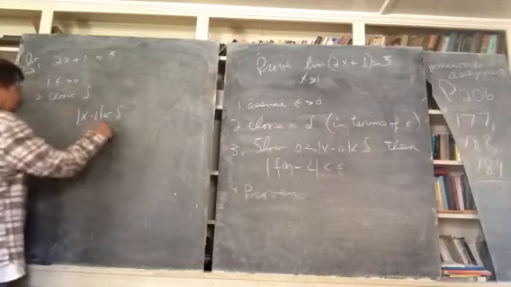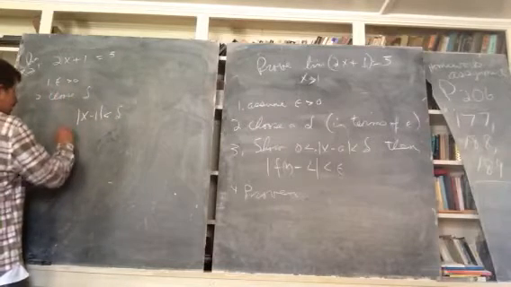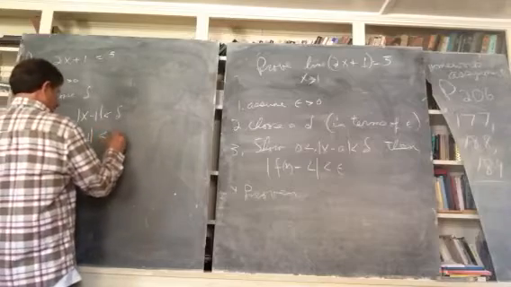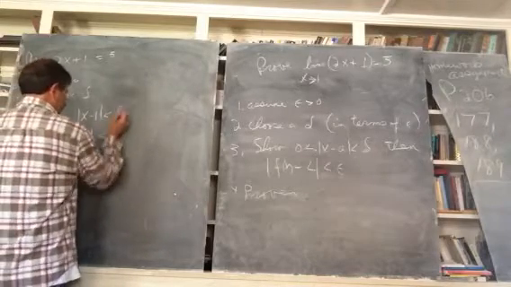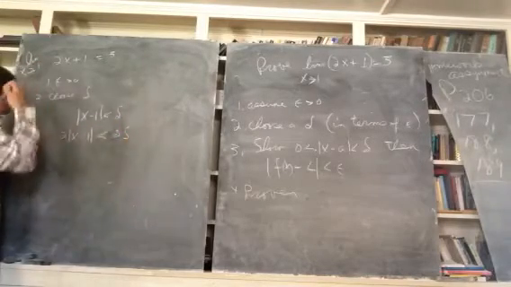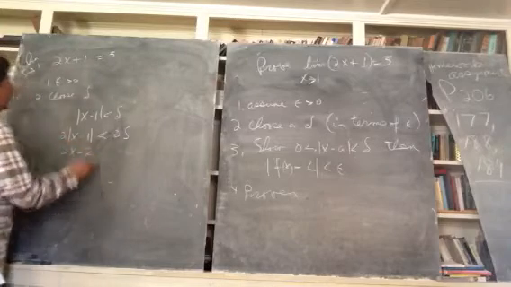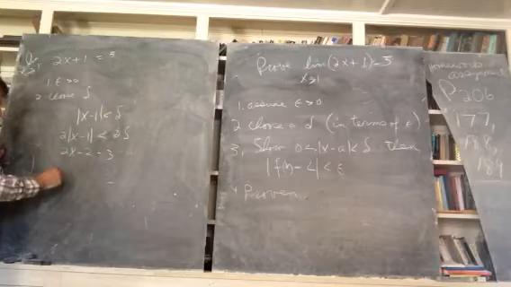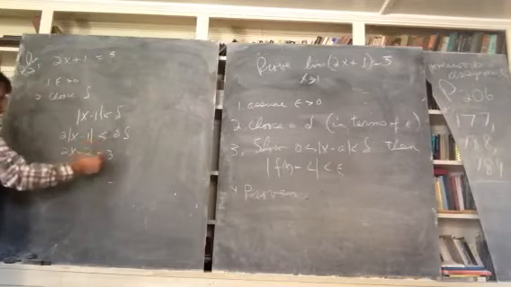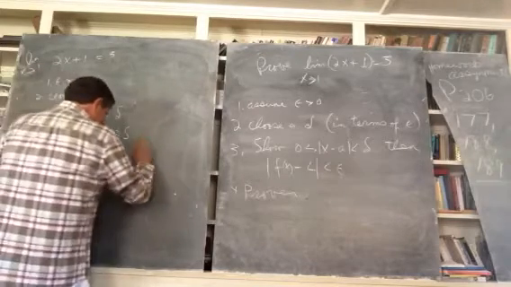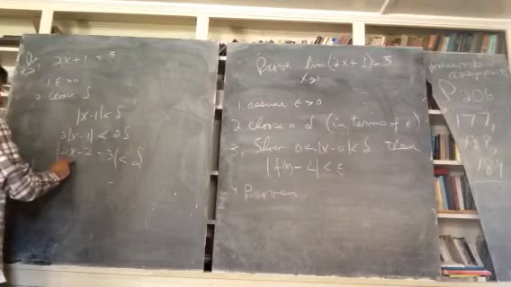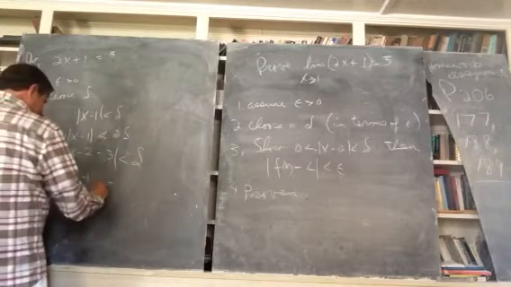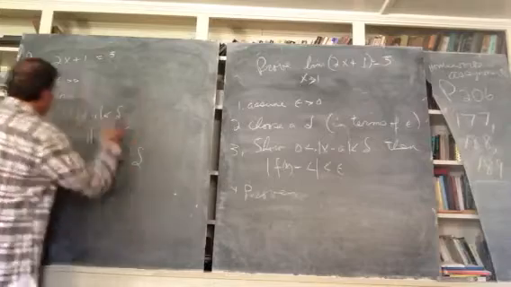Please note 2 times x minus 1 is less than 2 delta. So this is 2x minus 2, and that's 2 times x minus 1, which is less than 2 delta, which is what we want.